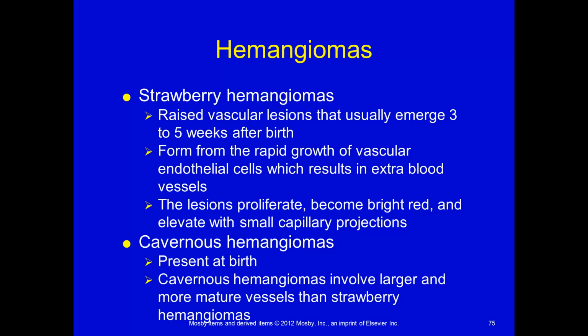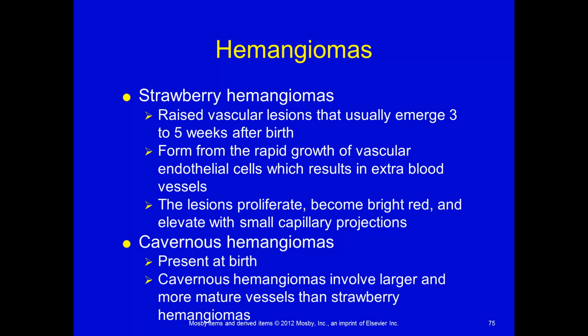to talk about. The first one is something called a strawberry hemangioma. This is a raised, very vascular lesion that usually emerges, and you start to notice it about 3 to 5 weeks after a baby is born. And the pathophysiology behind these strawberry hemangiomas is that they form from rapid growth of the vascular endothelial cells, which results in extra blood vessels.